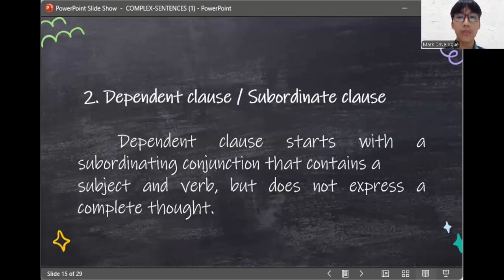A dependent clause starts with a subordinating conjunction and contains a subject and verb, but does not express a complete thought. As I said earlier, it needs a subordinating conjunction that can link the dependent clause to the independent clause.